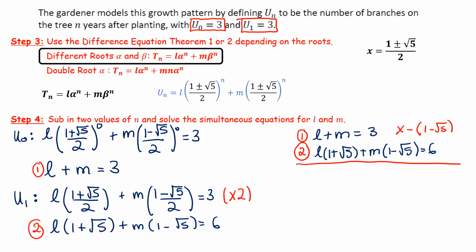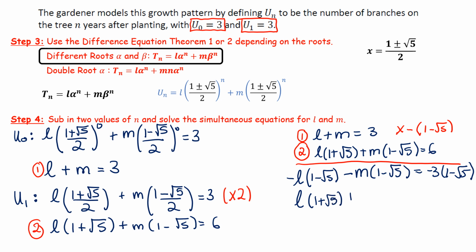So what that's going to give us then is minus L(1 minus root 5), and minus M(1 minus root 5). You're welcome to write these brackets in front like coefficients, that's fine. Whatever way is easier for you. Remember, multiplication is commutative, so the order does not matter. And then we have plus M(1 minus root 5), and that equals 6.